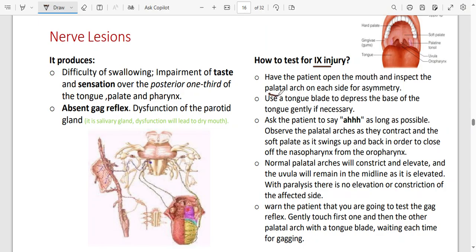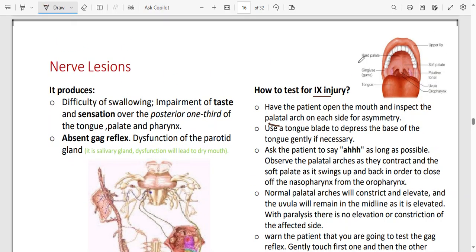What are you trying to look at? Palatal arch. So you are basically looking at this top here. Is it symmetrical, like on the left and on the right?